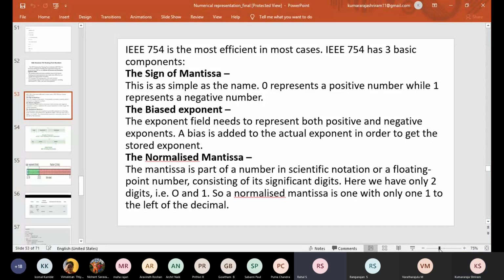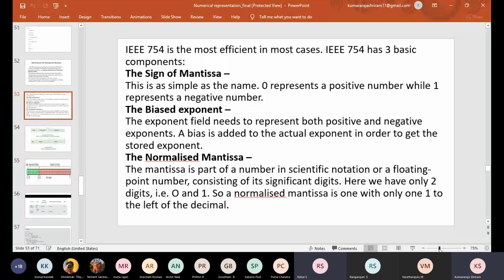The exponent field needs to represent both positive and negative exponents, so a bias is added to get the stored exponent. The normalized mantissa is the fractional part which comes after the point, so there will be only two digits, 0 or 1. The normalized mantissa is 1 with only 1 to the left of the decimal.